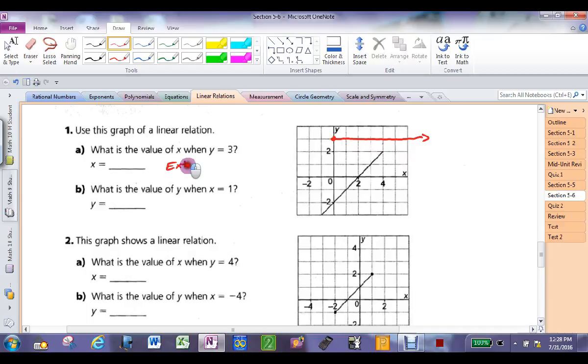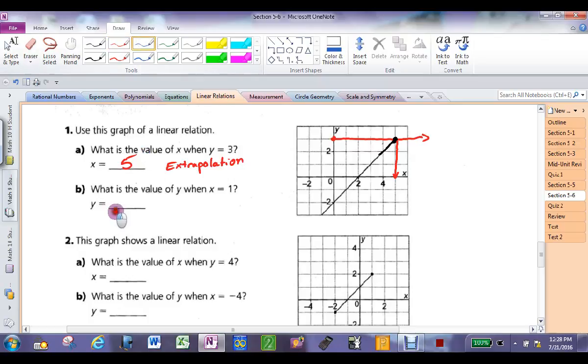This is extrapolation, which means I have to extend my graph. Is it linear? Yes. Over 1, up 1, over 1, up 1. So there I have extended my graph. So now can I find my x value? What is it? 5.